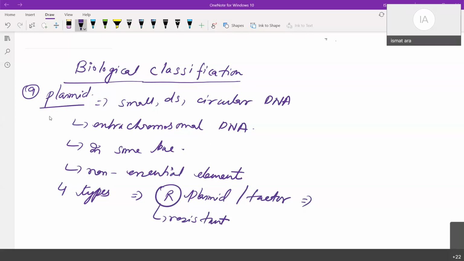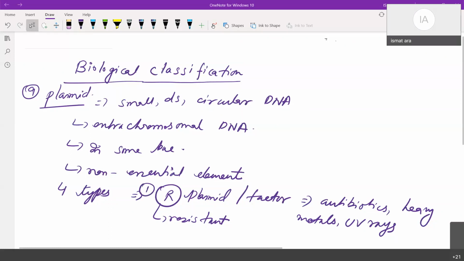So they provide resistance against antibiotics and UV rays. Okay, this is about R plasmid, the first type of plasmid. Till this, any doubt, any one of you students?